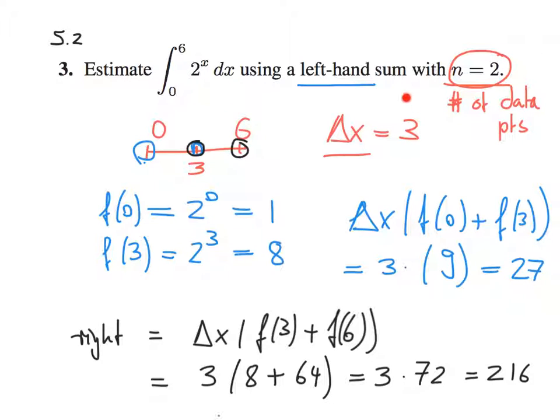In particular, taking just 2 measured data points is way not enough to get an accurate picture of this. So it will be very interesting once we are able to compute this exactly, to see what the actual value is compared to these, and how big our error is.